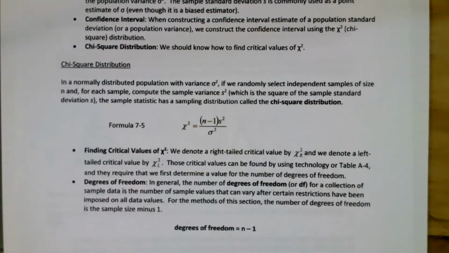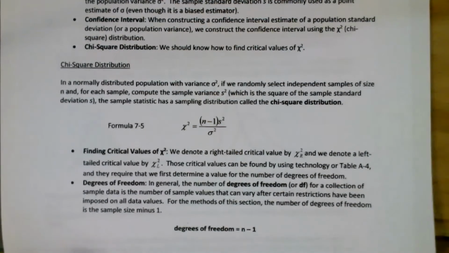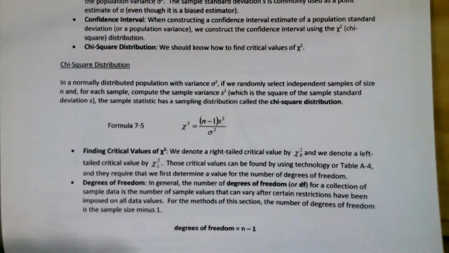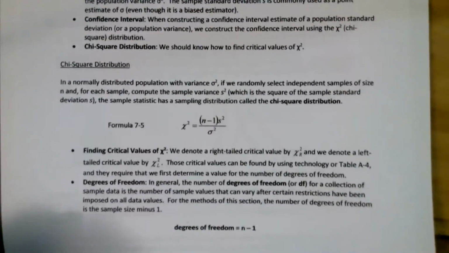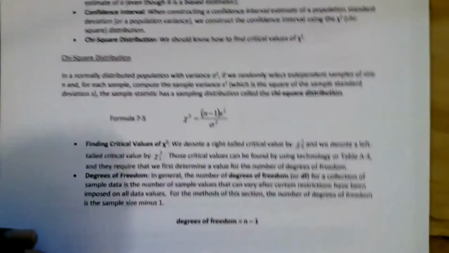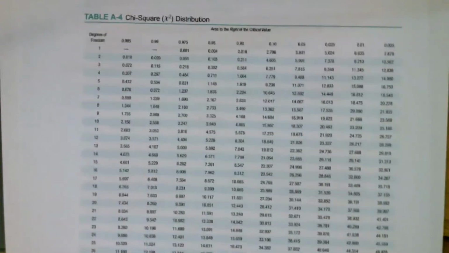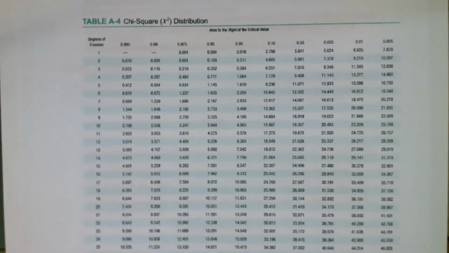Now, those critical values can be found by using either technology or table A-4. And in this case, table A-4 is included in these notes. So this is what table A-4 looks like, the chi-square distribution.